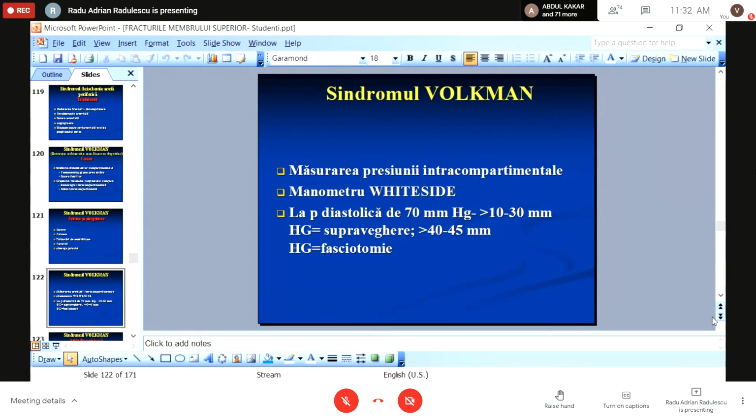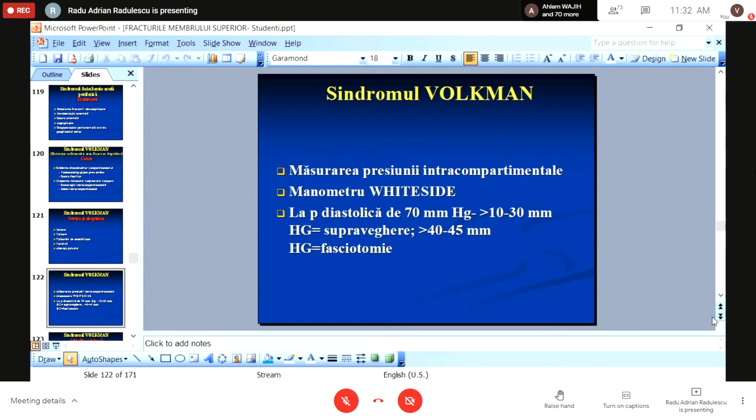So whenever the pressure grows inside the compartment, the wall of the arteries will be compressed and the diameter of the vessel will be diminished. The consequence will be a diminishing of the blood flow at the level of that artery.